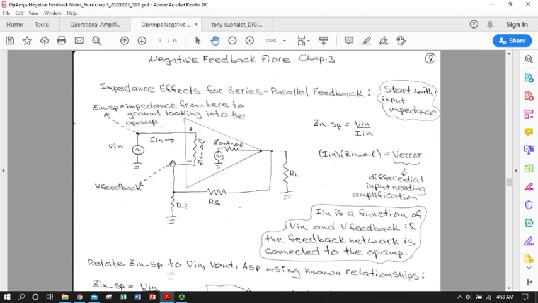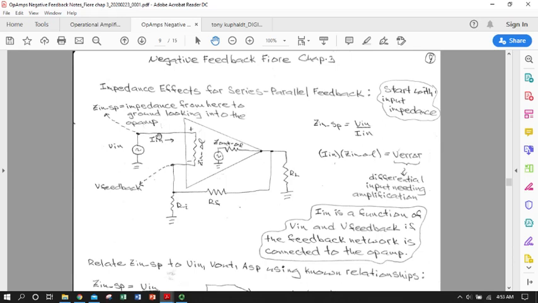And we know that the voltage difference between the non-inverting terminal and V feedback at the inverting terminal is called V error. We defined that earlier. So we can use that in this same expression. So V error is going to be the voltage drop over this resistor.